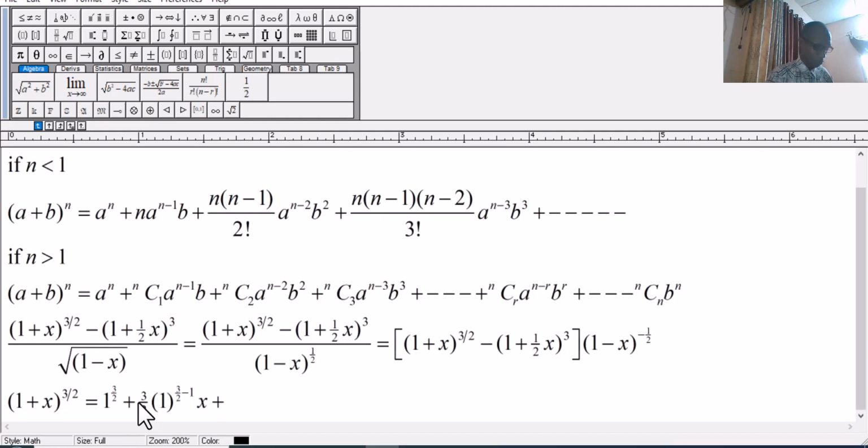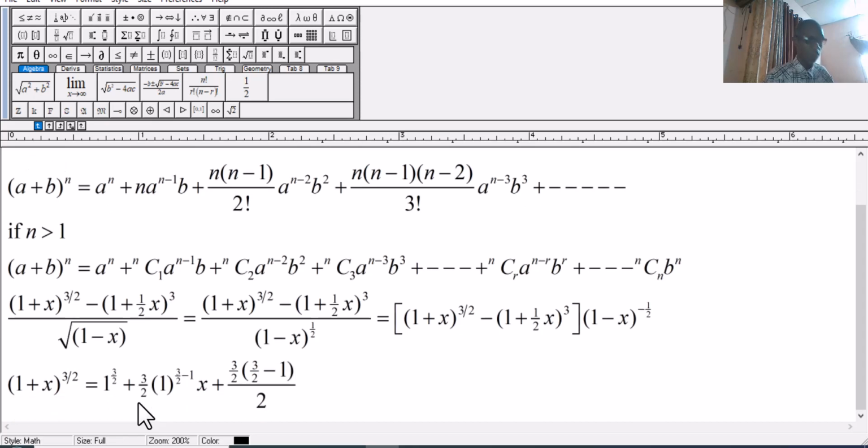In the next term, we have 3 over 2, 3 over 2 minus 1, all over 2 factorial, then 1 raised to the power of 3 over 2 minus 2, because we are dealing with the next term. This is 2, and this is plus and so on.